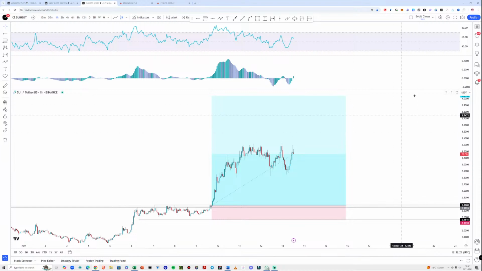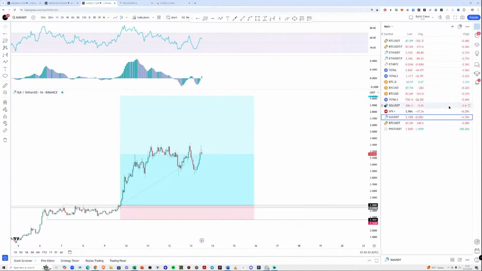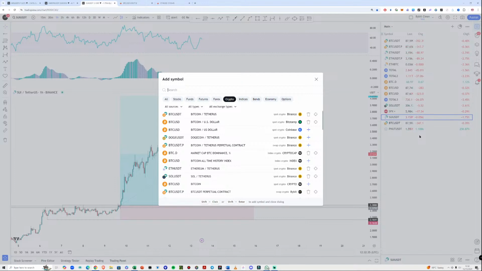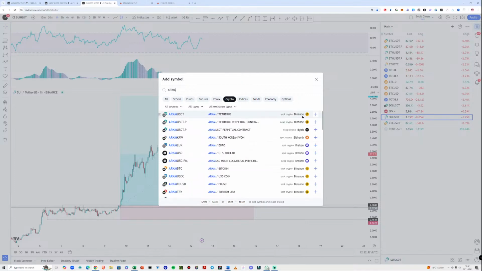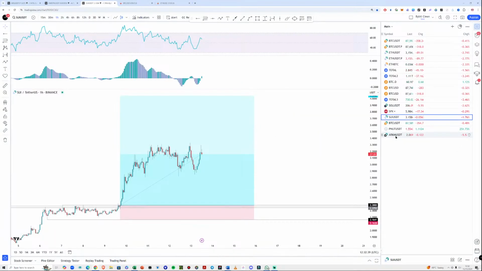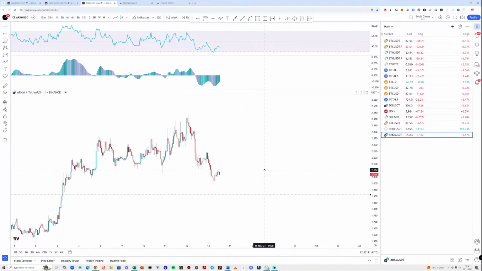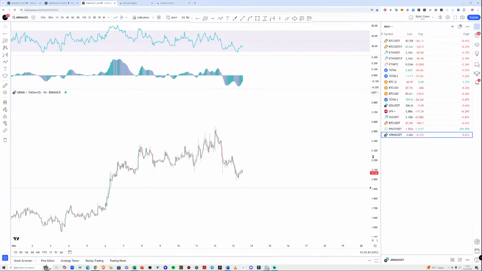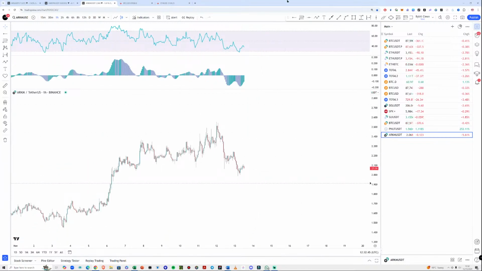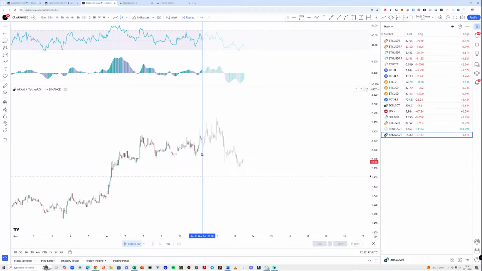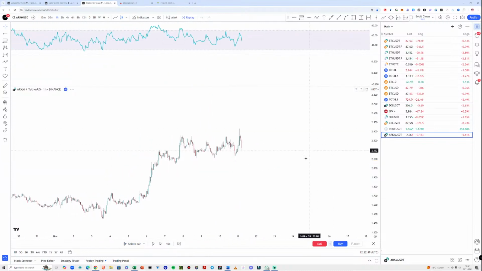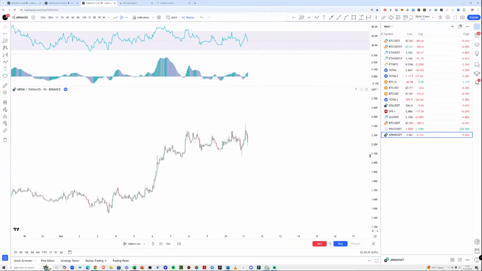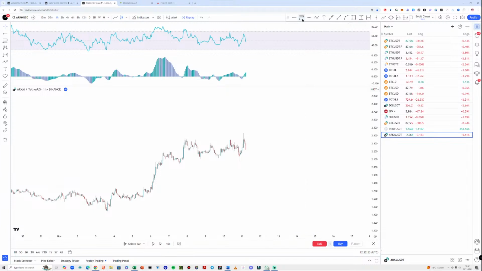I wanted to run through another example of a last trouble area where it failed. So this was a chart I was taking a look at yesterday, I believe.